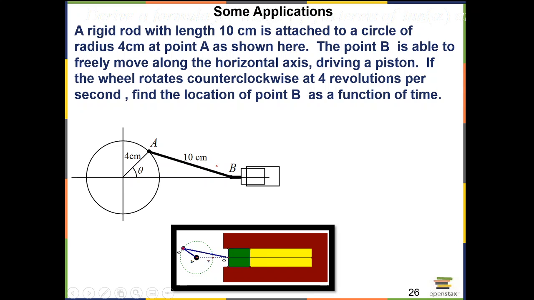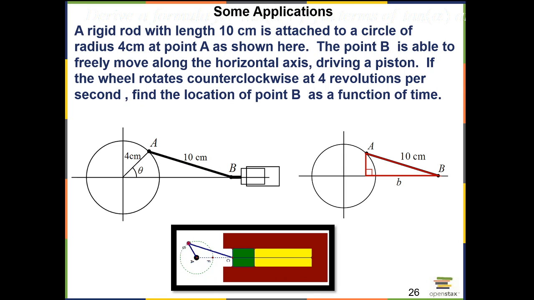So let's do that. We're going to consider that to be a right triangle. Now there's a connection between B and this side, and we know that the radius here is 4 centimeters.